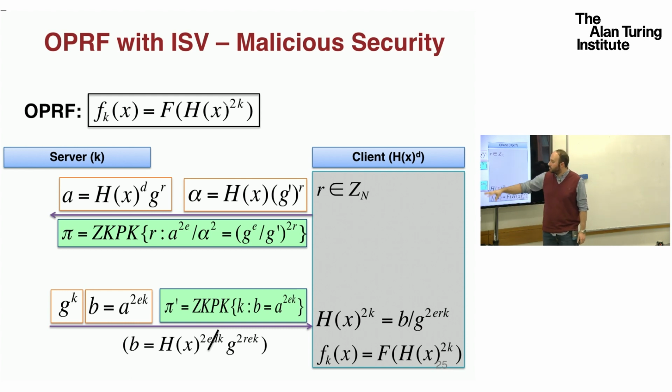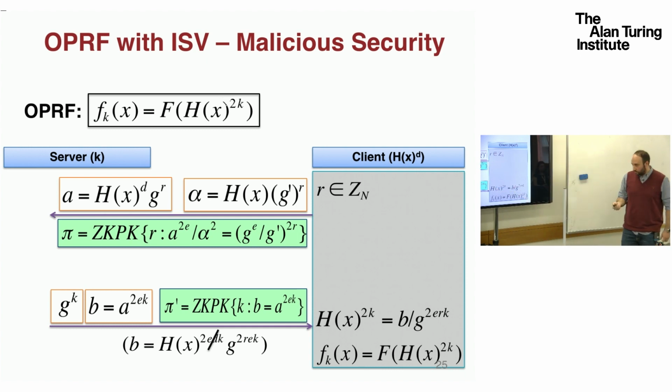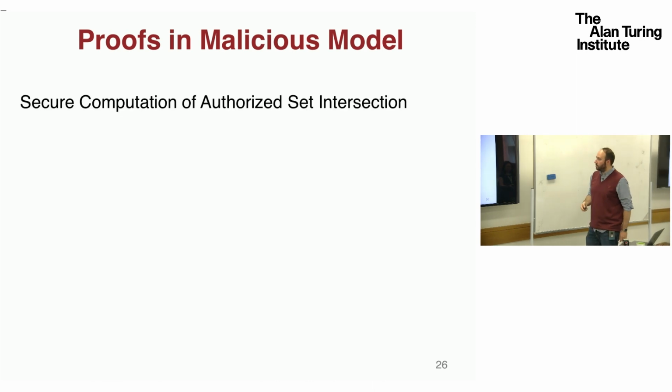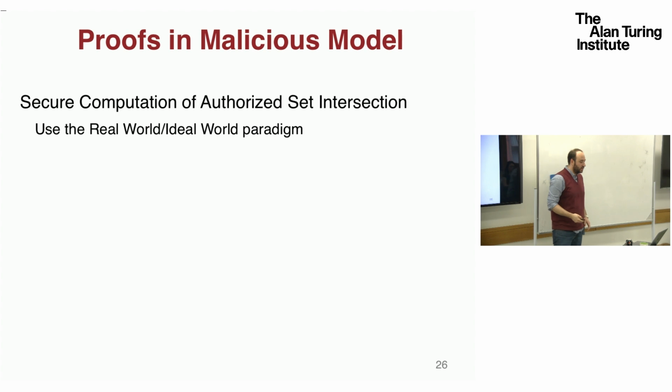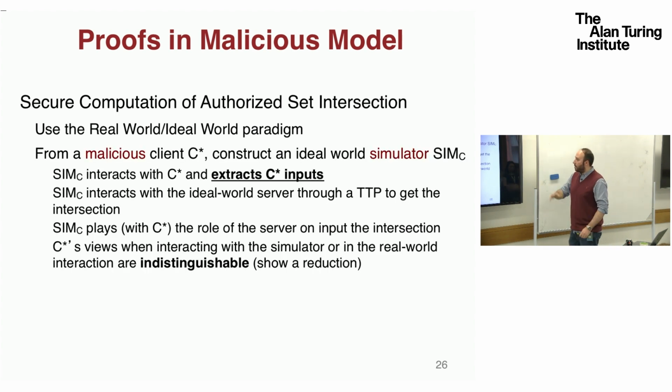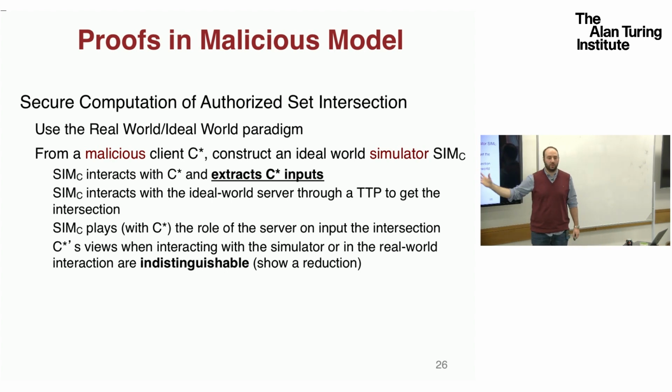Essentially it works the same way, with these two extra things. This is something I hinted at before with respect to how we prove things in the malicious model. We again have the real-world, ideal-world paradigm, but it's much more complicated. You have to simulate the actual construction, so you have to extract inputs, and it's much more complicated.